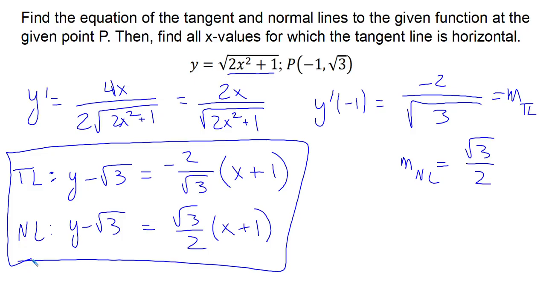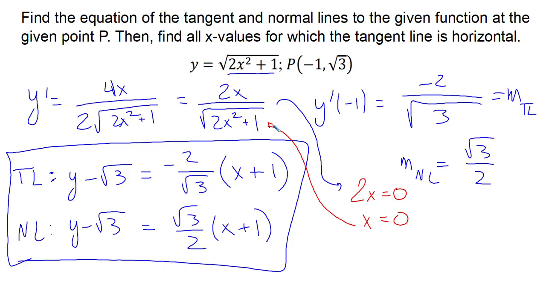And then lastly, we want to know, when does this have a horizontal tangent line? Well, a fraction equals 0 as long as the numerator equals 0, but the denominator does not. So really all we need to do is set 2x equal to 0, which gives us x equals 0. And then we'll plug that value into the denominator of our derivative to make sure it doesn't make it 0.